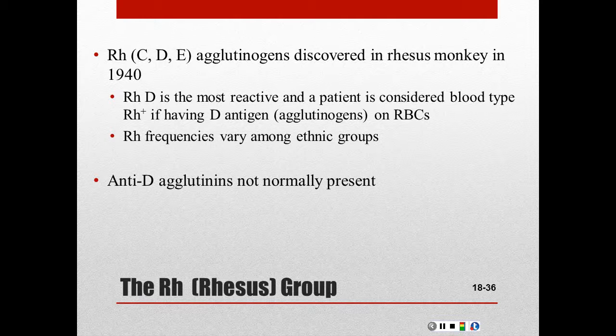Now ABO blood type has no influence on Rh type or vice versa. The Rh frequencies vary among ethnic groups, just as the ABO frequencies do, but they vary independently.